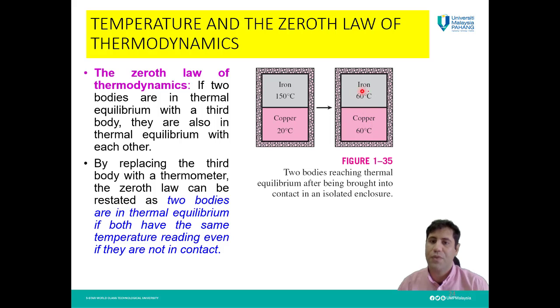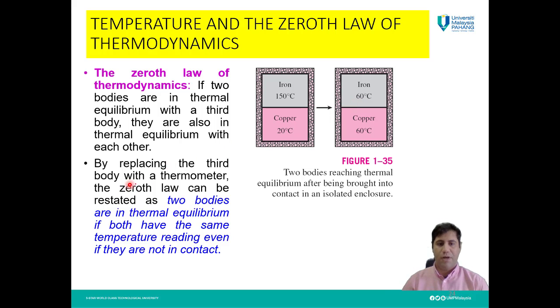This is the equilibrium temperature of the system. And we have this because of the heat transfer, which means thermal energy transfer, between these two materials, and this is the zeroth law of thermodynamics.